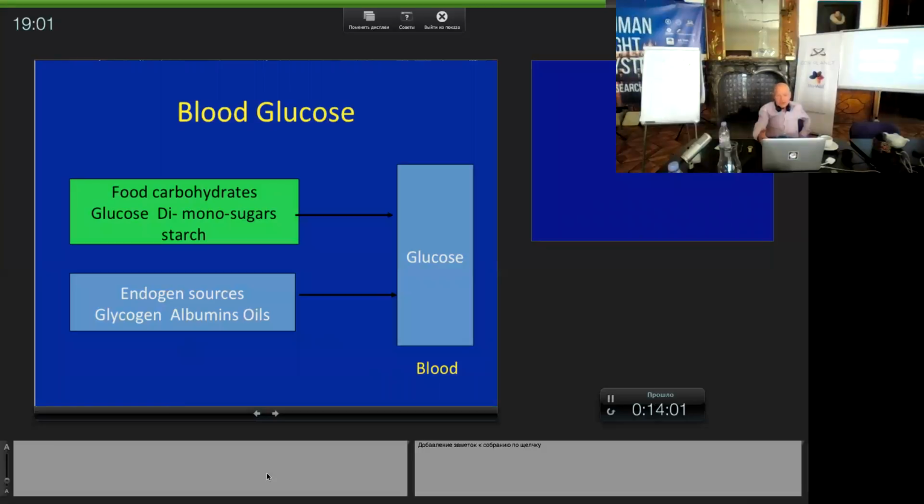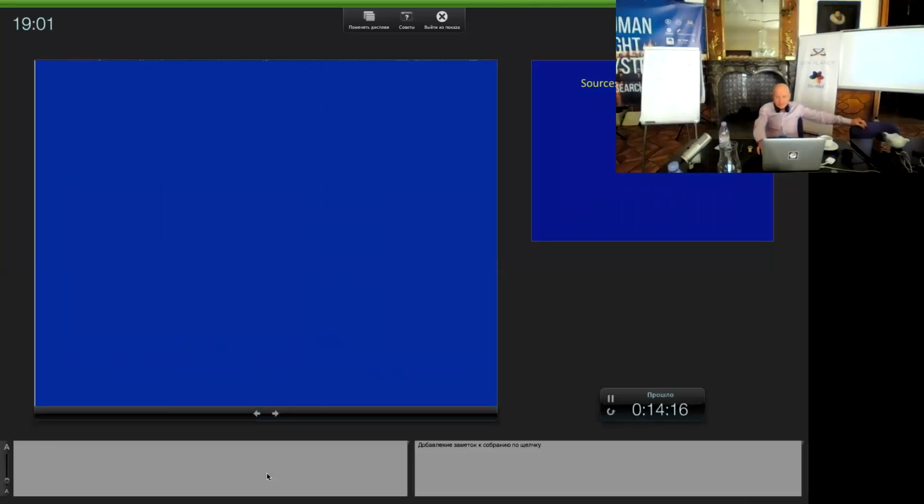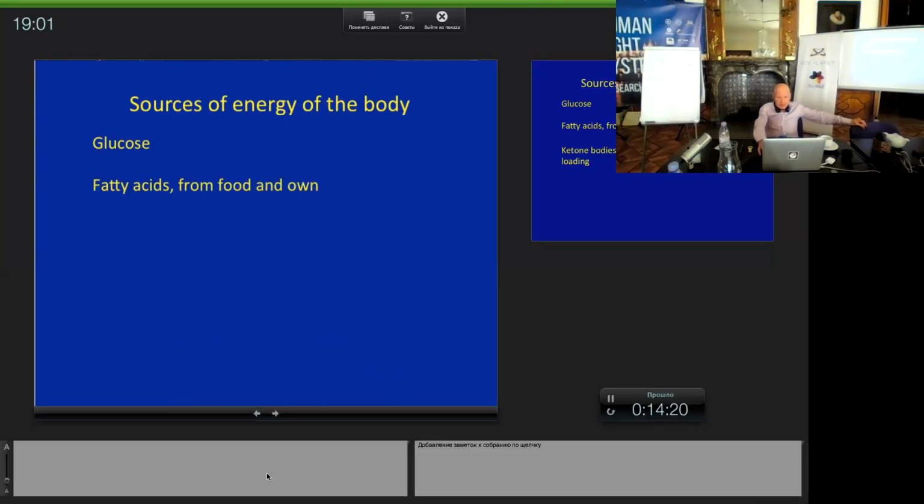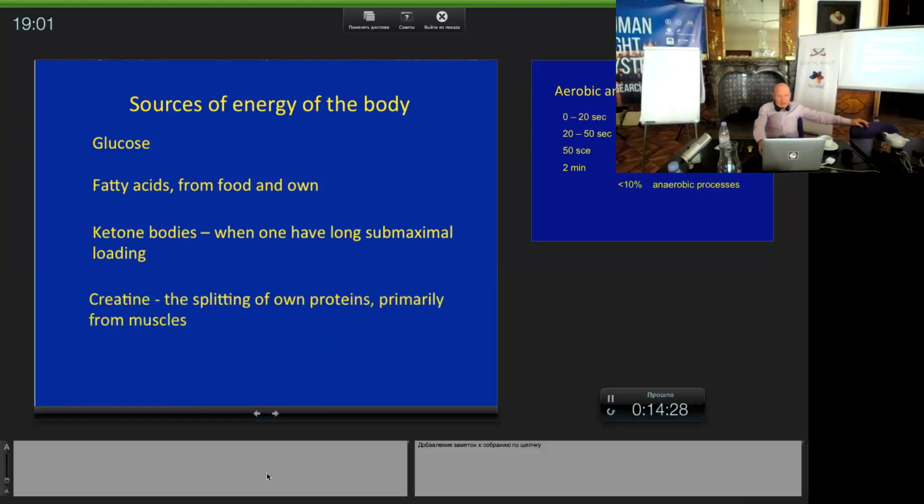That is why diabetes is so dangerous, because diabetes is not only high blood sugar, but it is the lack of energy for mitochondria. That's why it's so important. And the main sources of energy are glucose, fatty acids from food and our own, then ketone bodies, and creatine.